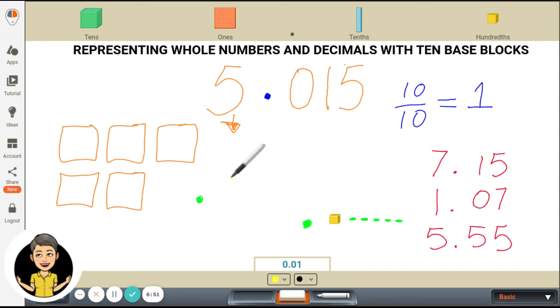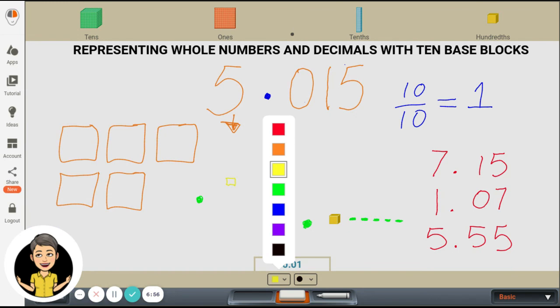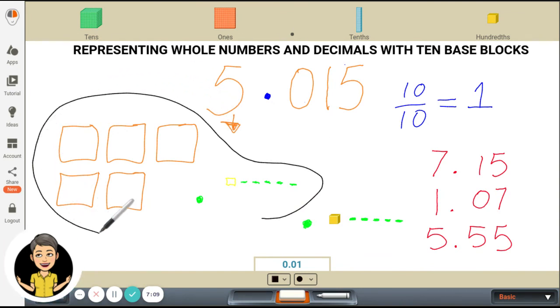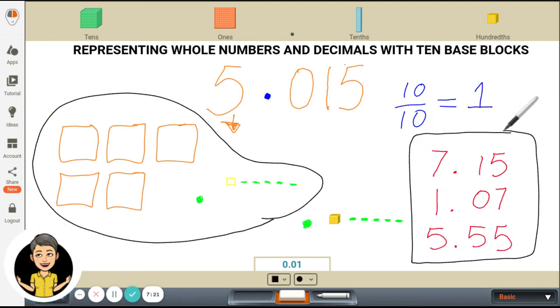I have just 1 hundredth and I have 5 thousandths. This is the way I represent this number with pictorials using the base 10 blocks. If I don't have the base 10 blocks, I can represent it with pictorials. So if you don't have any base 10 blocks around, please use your pictorials to represent these numbers, A, B, and C.